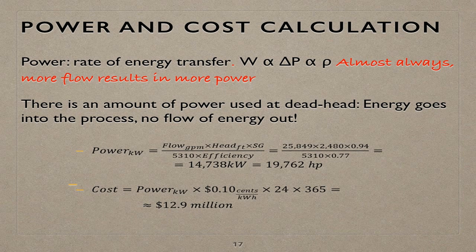Pumps, like other mechanical devices, are not 100% efficient. Generally, they are about 77% efficient. Based on our calculation, we see that the power is equal to flow rate multiplied by head multiplied by specific gravity divided by efficiency and 5310, which is a constant for unit conversion.